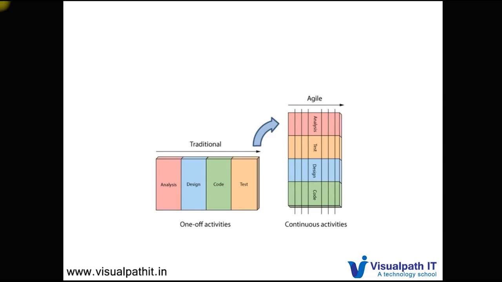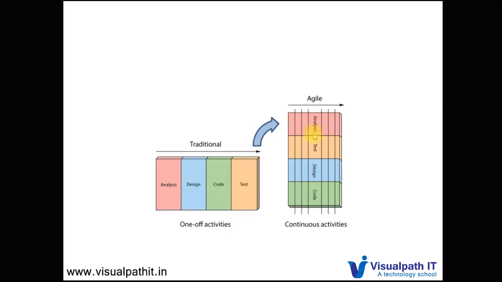Now this diagram will help us to understand the difference. If we see the traditional waterfall method, we have different phases. After analysis, then design will come, then coding, then test. This is a very high level view.